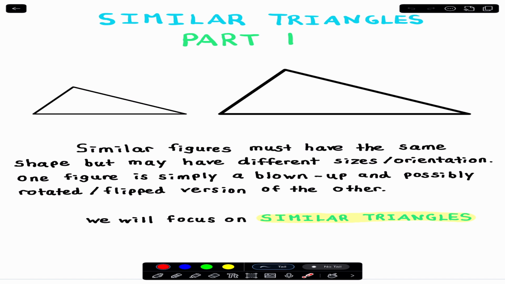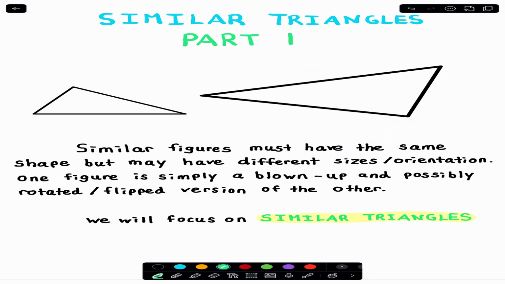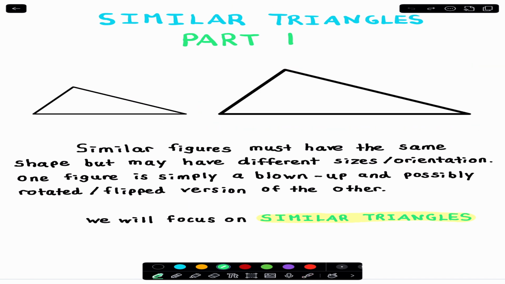So this one over here is basically just a bigger version of this smaller triangle over here. And it did not have to be orientated this way. If it was like this as well, that's still a similar triangle. You know, these 2 triangles are still similar to each other. It's just facing a different way, but the point still stands. They are similar. Great.